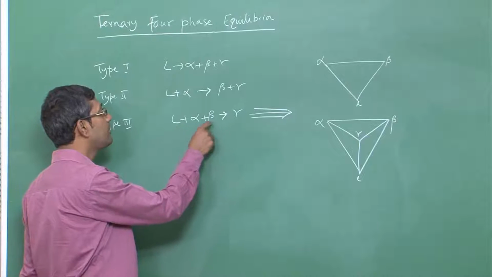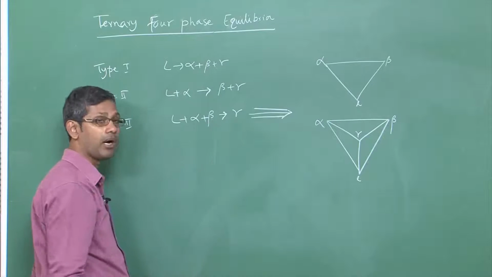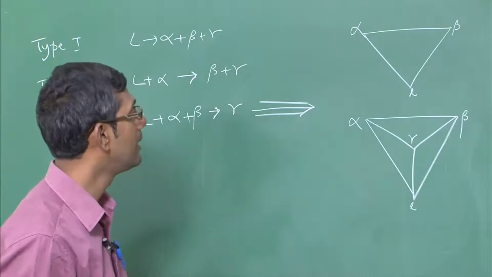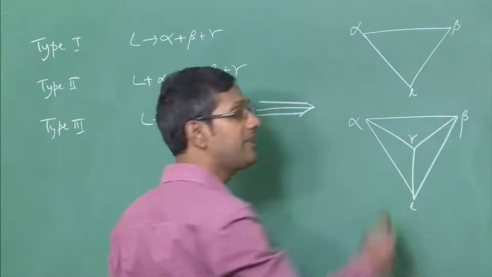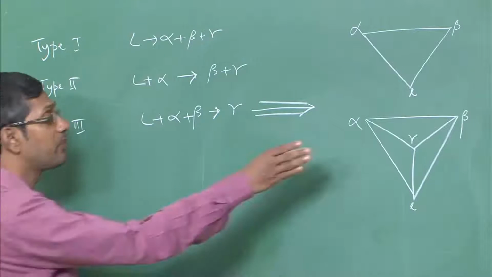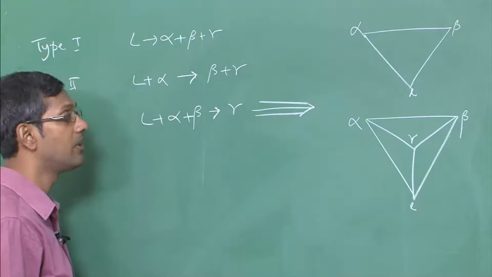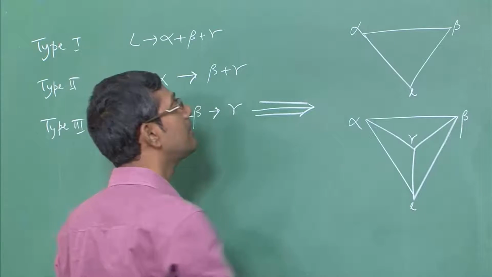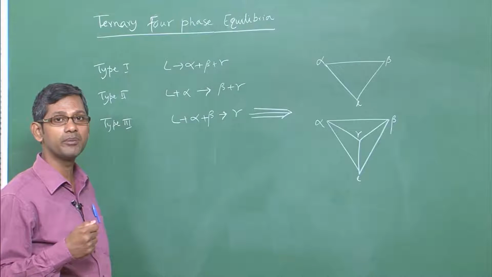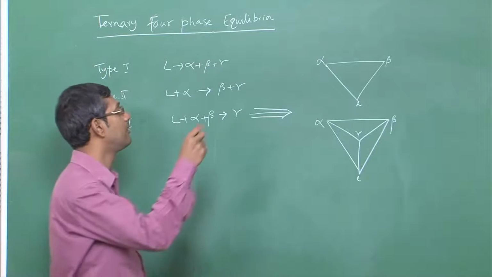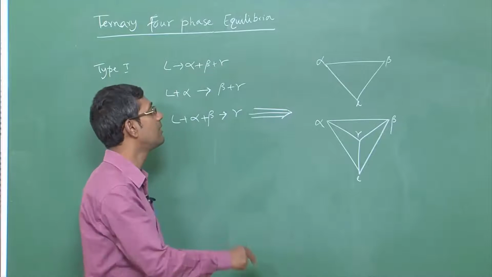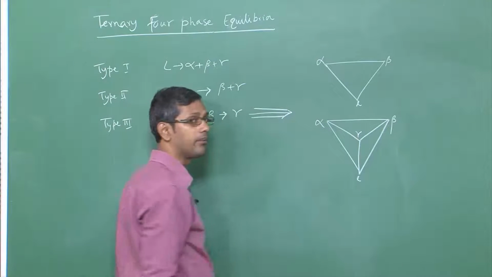Liquid has to react with alpha plus beta, leading to formation of gamma, and this happens at the 4-phase equilibrium plane, the invariant plane. So before that we must have alpha and beta. If we do not have alpha and beta, how can I have a reaction on the invariant plane? That is not possible. That is why this is always preceded by formation of alpha and beta in the liquid. Alpha and beta form directly from the liquid, then when the temperature comes down to the 4-phase equilibrium reaction temperature, these 3 react and form gamma.